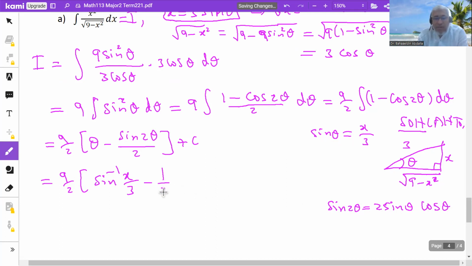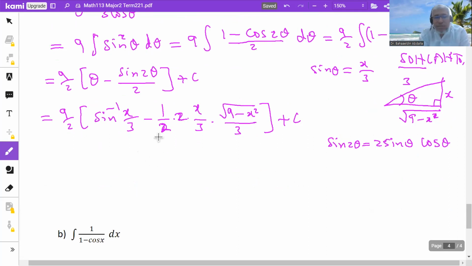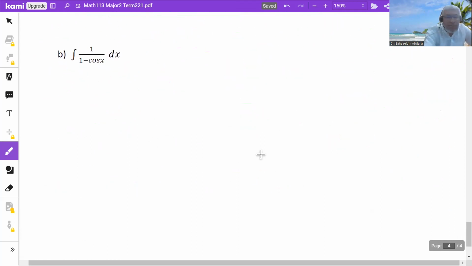So I have 2 times sine theta, which is x over 3, times cosine theta, which is adjacent over hypotenuse, so it's the square root of 9 minus x squared over 3, plus c. So the final answer is this one. You can just cancel the 2 with the 2, and that would be the final answer.